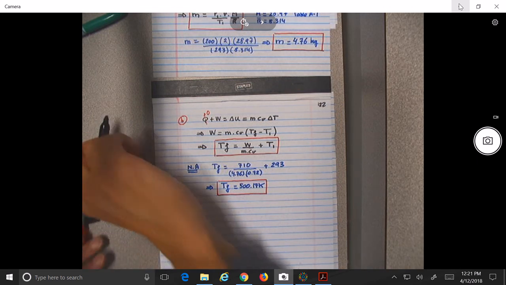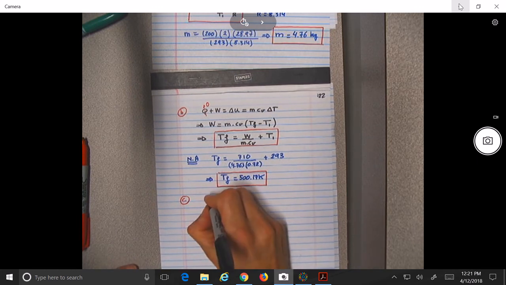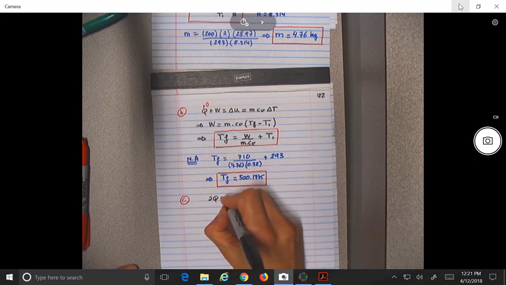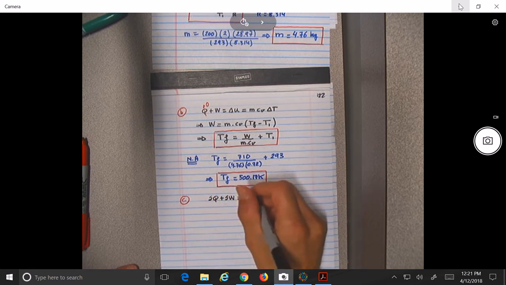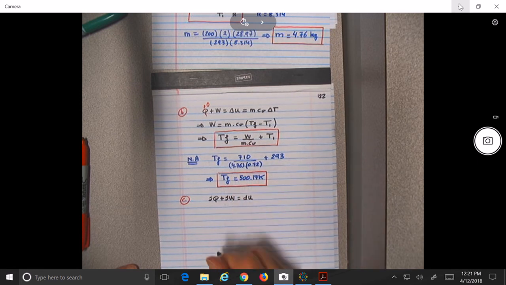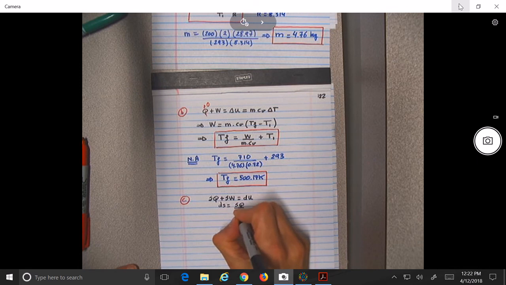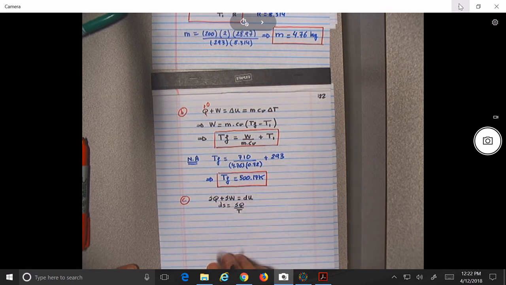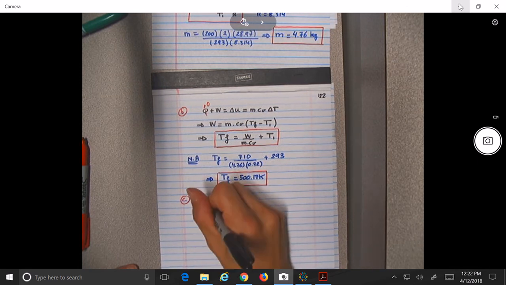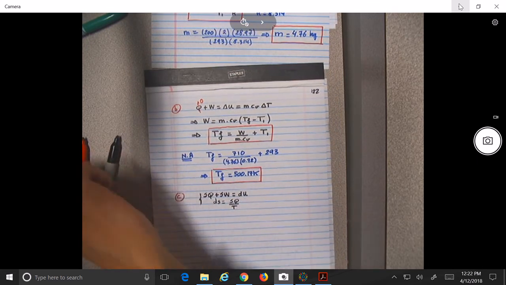Okay, so now for this problem, how do we find the change in entropy? Ignoring kinetic and potential energy, we have this equal to dU, and dS equals delta Q over T. I'm going to start going a bit faster.